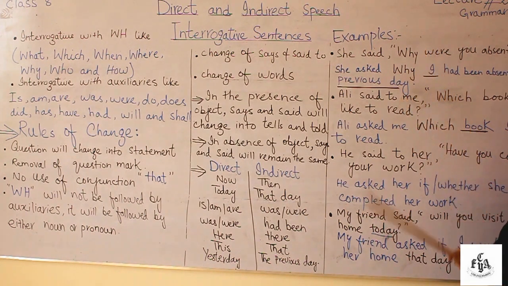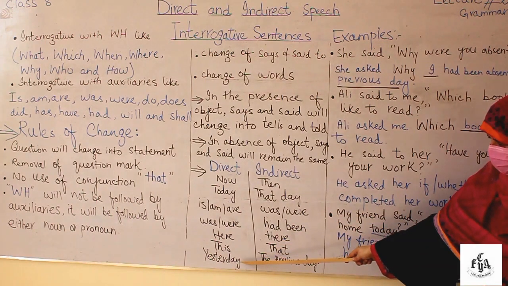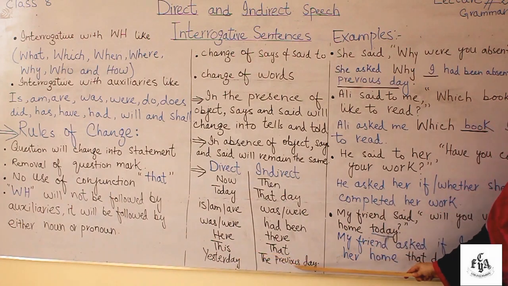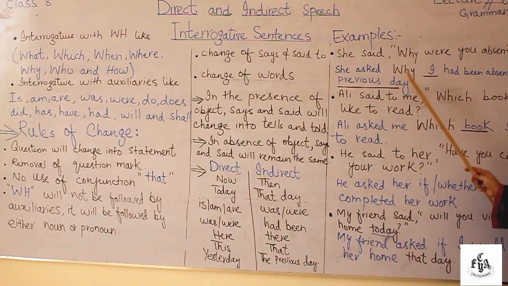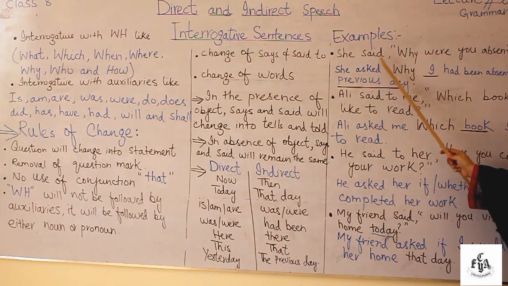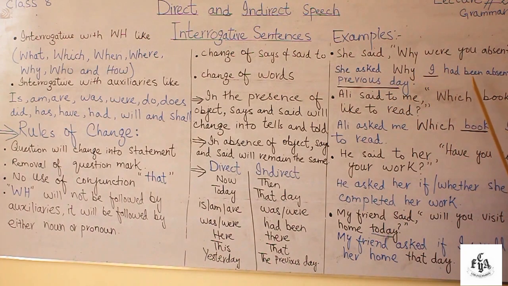So if was and were are given in a direct sentence, they change into had been. The third change is here: yesterday is given, and as I have explained, yesterday will change into the previous day. So the indirect speech would be, she asked why I had been absent the previous day.